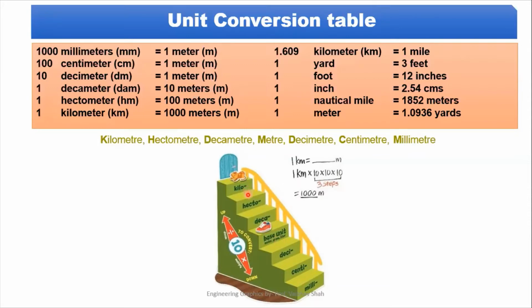When going down by 3 steps, we multiply by 10 for each step. That means we multiply 1 kilometer by 10, 10 and 10. So 1 kilometer is equal to 1000 meters.